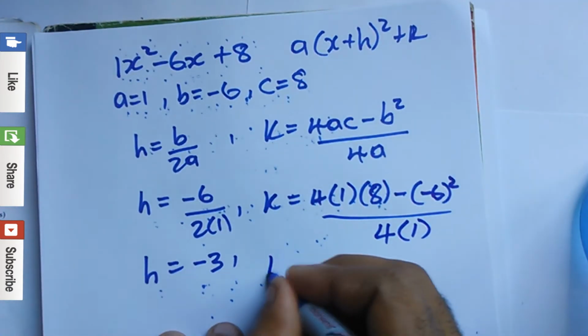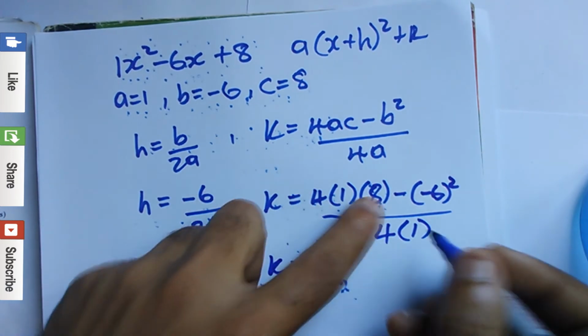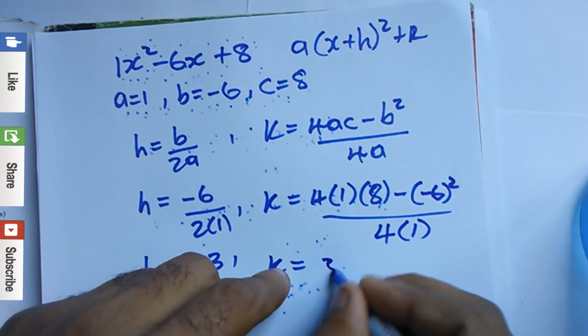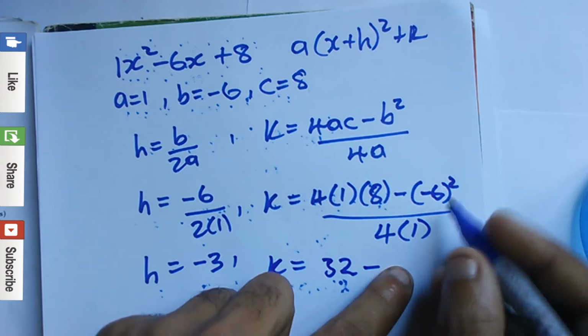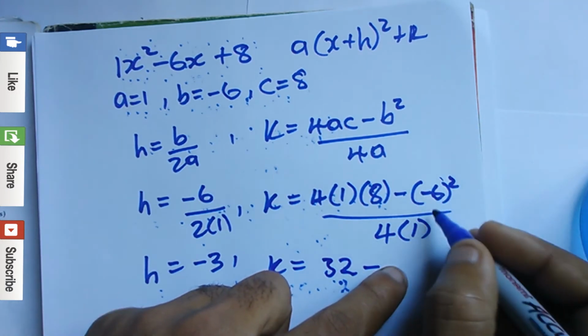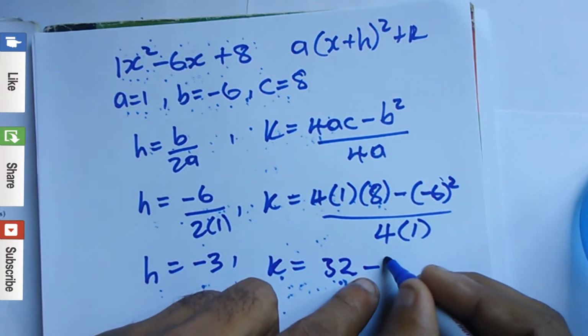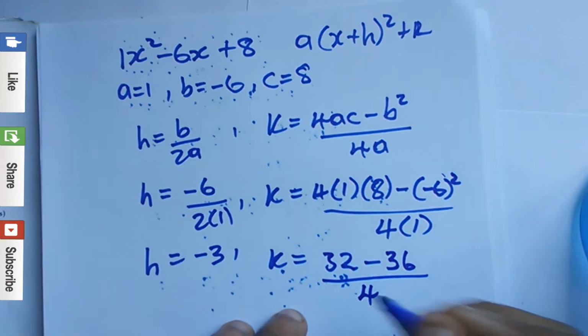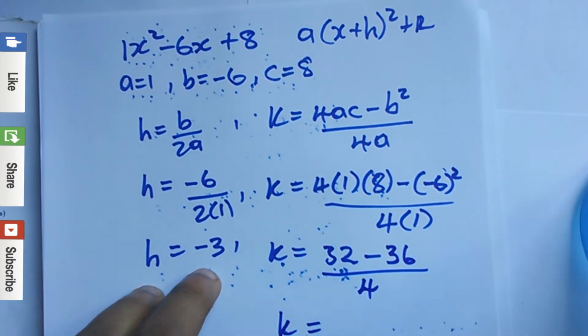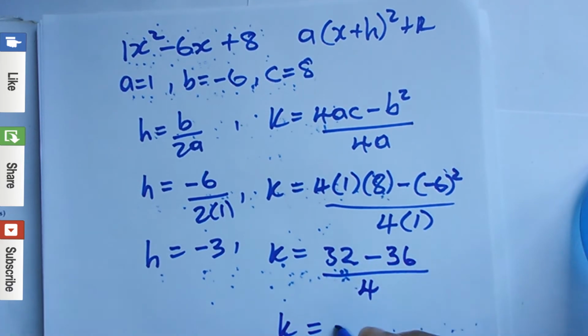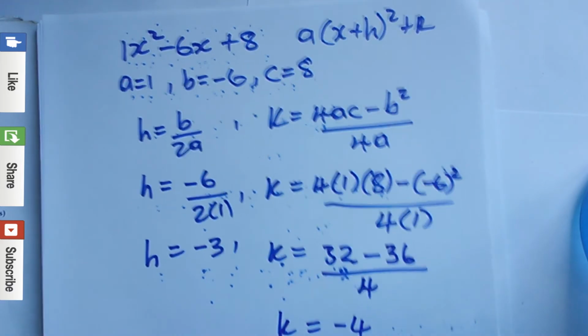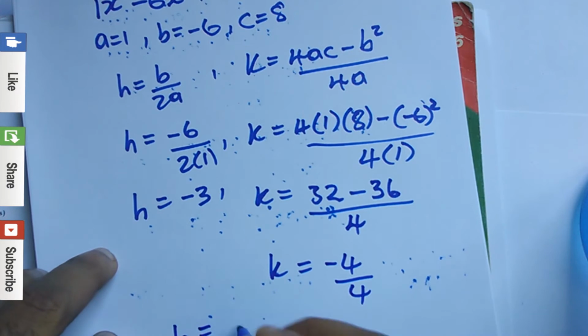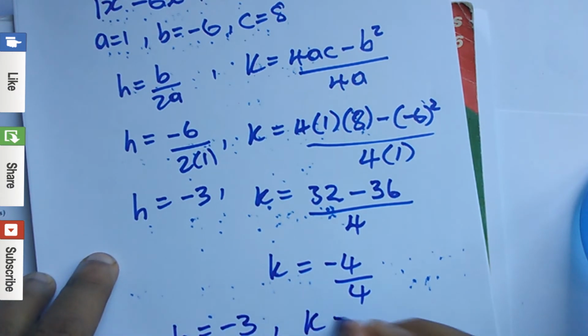So k is equal to 4 times 8 is 32, minus, this is negative 6 squared, positive 36, but there's a negative, so we have negative 36 here, divided by 4 times 1 is 4. So k is equal to 32 minus 36, negative 4, divided by 4. So that means h is equal to minus 3 and k is equal to minus 1. So 4 divided by 4 is 1, and there's our negative, negative 1.